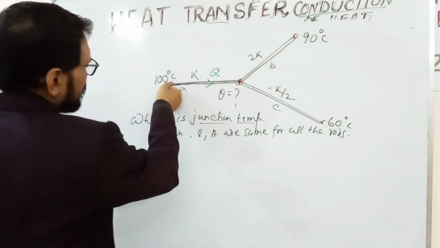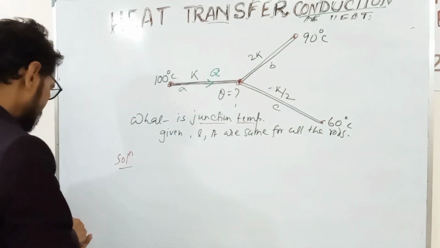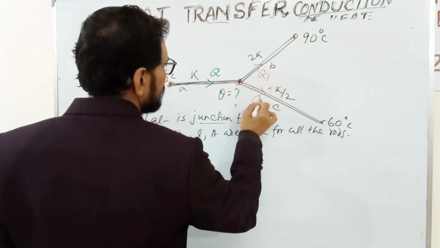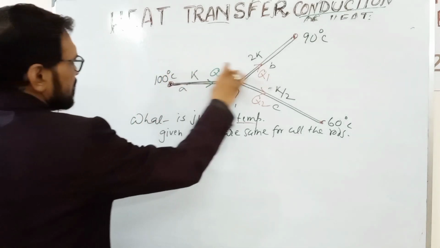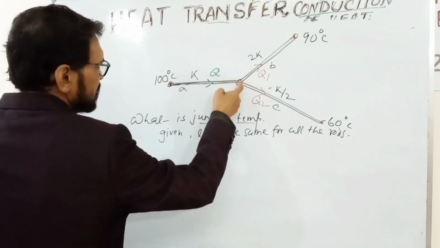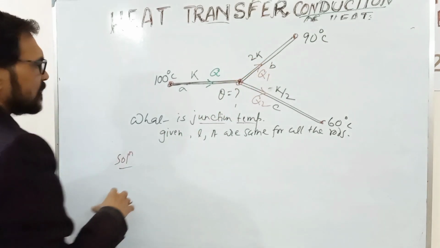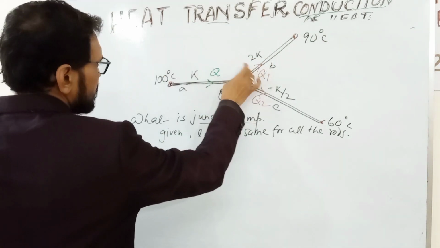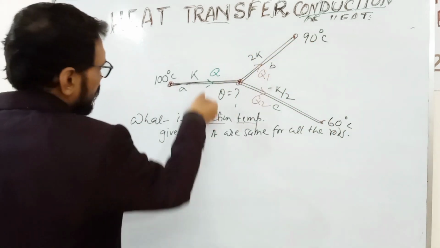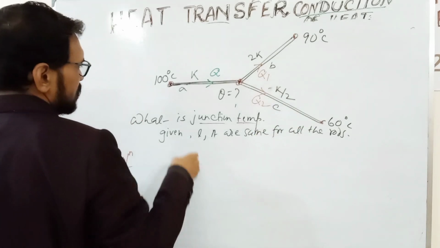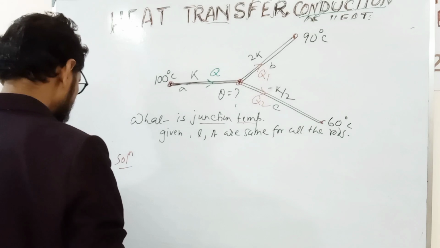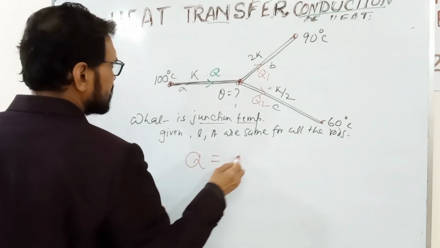So the heat is conducted from this end, and Q is divided into Q1 and Q2. This path is divided into two paths, like water flow. Suppose this is a pipe, and from this section two pipes emerge. Now the water will divide into two paths. Like this, the heat flow is also divided into two rods. So we can say that Q equals Q1 plus Q2.